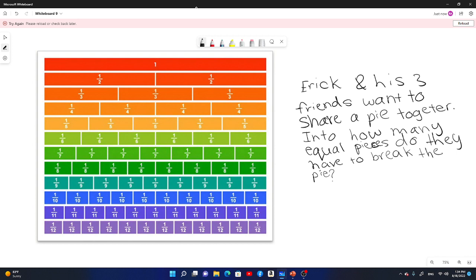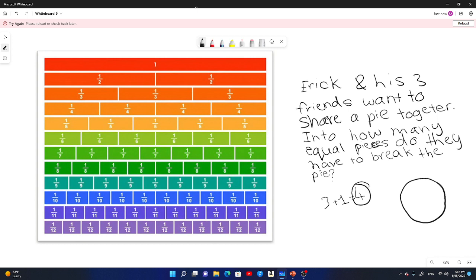So this is very simple. He has 3 friends, including himself. 3 plus 1 equals 4. So there's 4 of them, and they have to break this 1 whole pie. Now, what you could do is look at how many people there are.